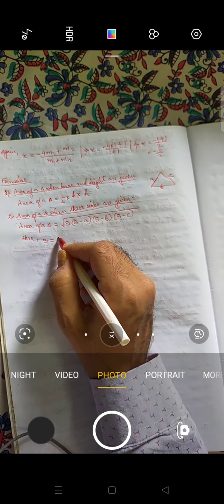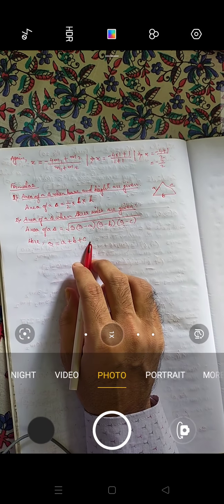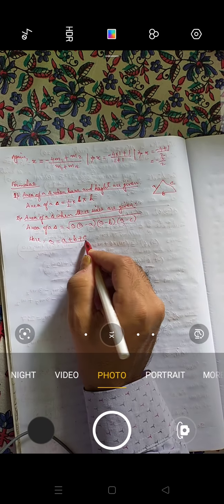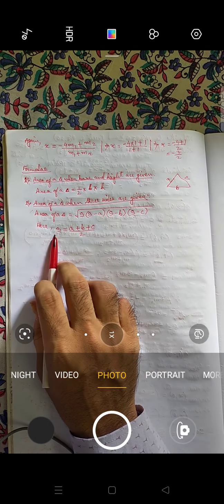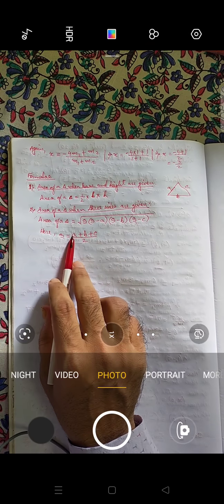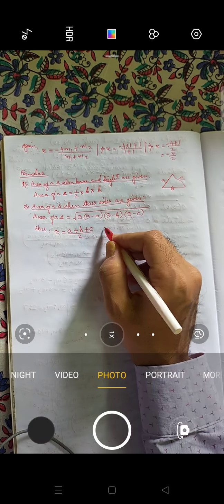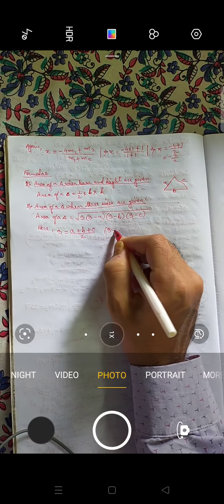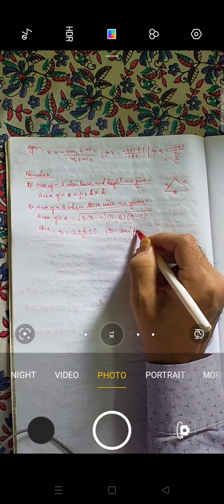So a plus b plus c, this is the perimeter of a triangle, divided by 2, this is called the semi perimeter. That means s is equal to a plus b plus c divided by 2. This a, b and c are the sides of the triangle. And in bracket I can write s is semi perimeter.